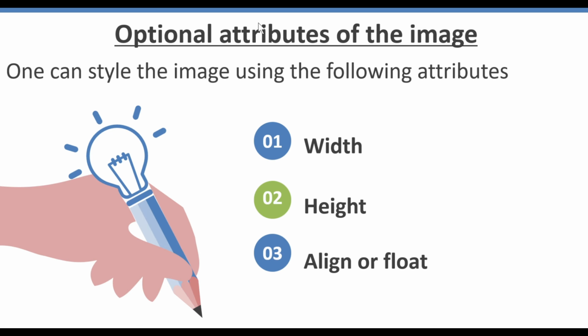You can set the width of the photo, set the height of the photo, and align it left, right, top, bottom, or center, wherever you want to put the photo. So those are optional attributes.